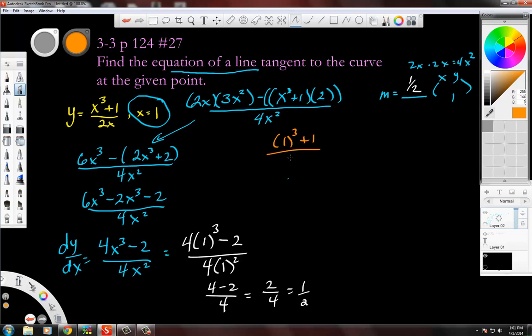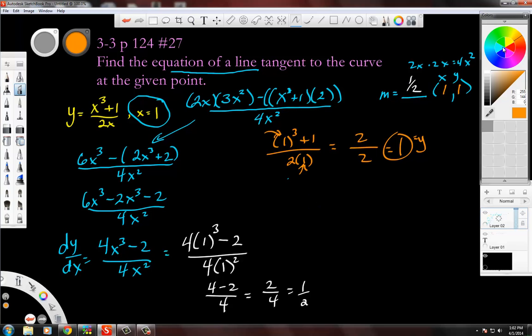And that should give us a point where it crosses through that point and has a slope tangent to that. So this would be simply over 2, and that'd be 1 plus 1. So that's 2 over 2, which is 1. So this is the y value of the point, and the x value that we inputted is 1. So the point we want to use is (1, 1), and the slope is 1/2.